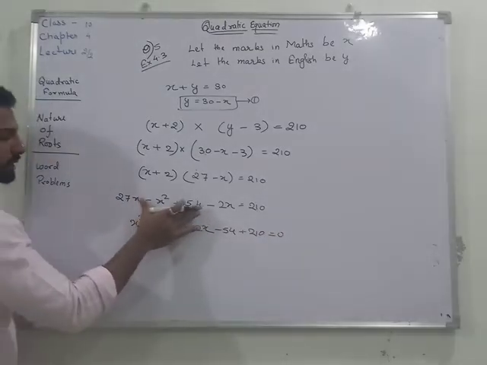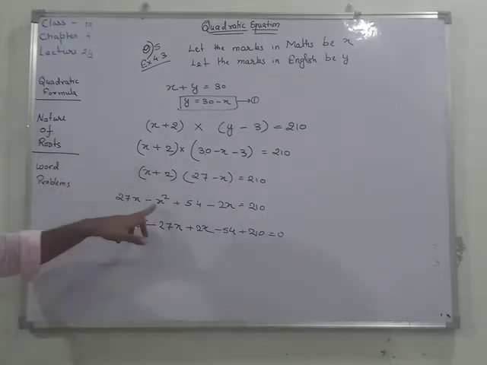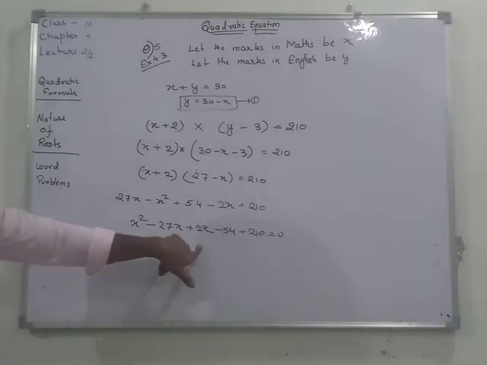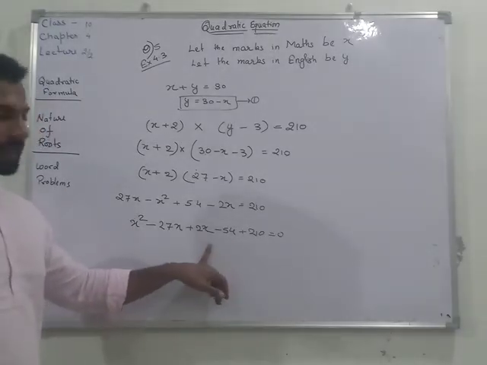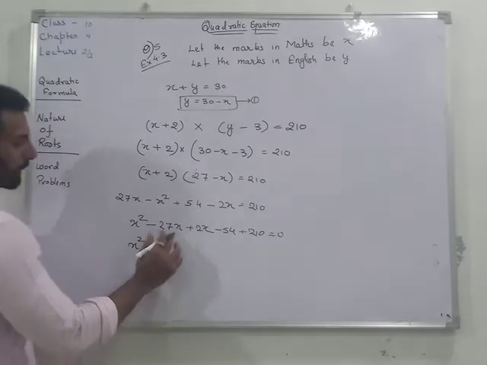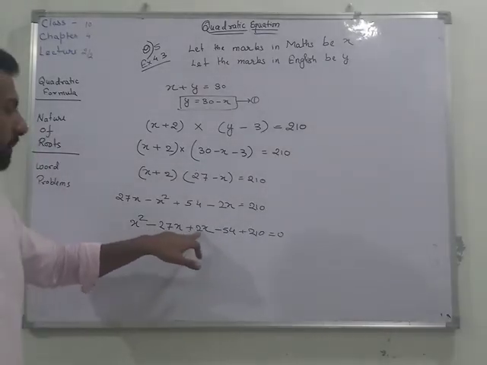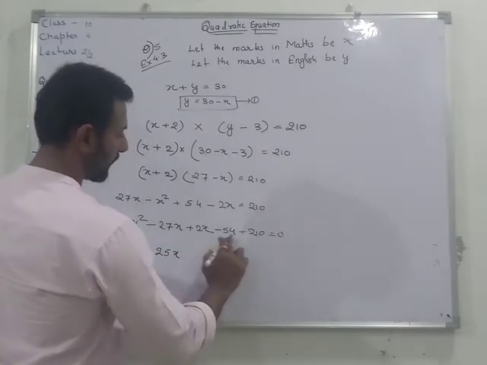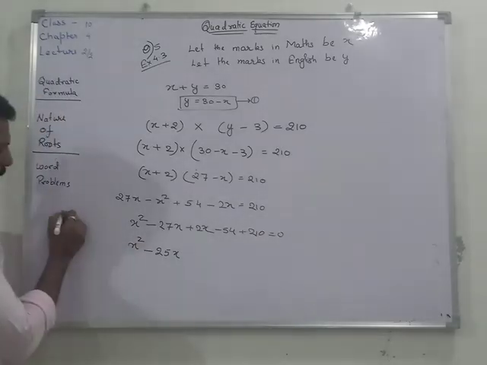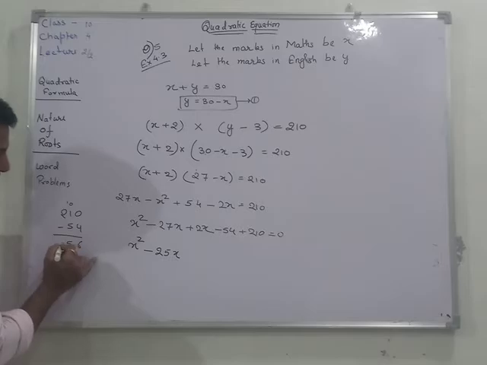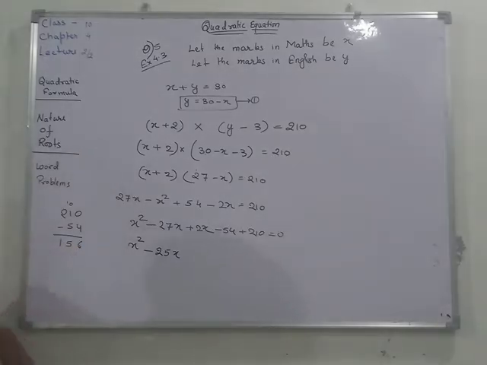Minus will be converted into plus and plus sign will be converted into minus. Rearranging in decreasing power of x, x square minus 27x plus 2x is minus 25x, and 210 minus 54 is 156.